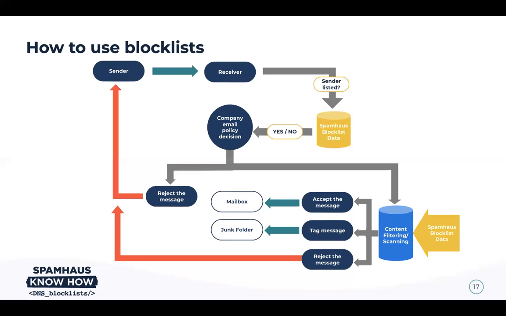Or you can decide, and again, this is up to you, to go ahead and allow the sender to send you the message content, and at that point you can do yet another run of analysis using your content scanners, your content filtering solution. Again, that can involve extracting additional components of the email.